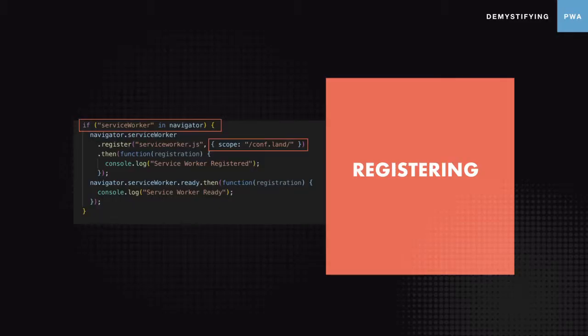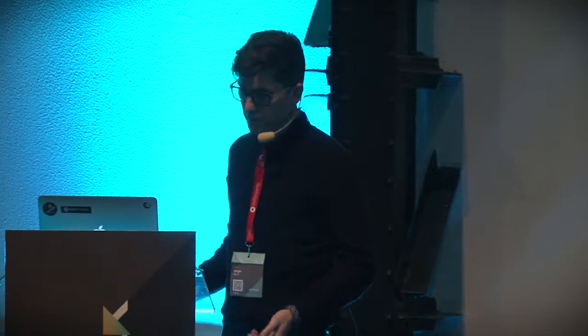So first step, registering a service worker. This is a pretty standard code. Every example that you see of how to register a service worker will probably look a lot like this. Of course, a different scope, a different file name probably, but the structure is the same.